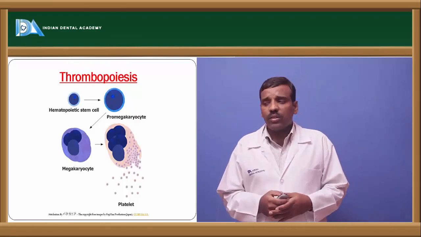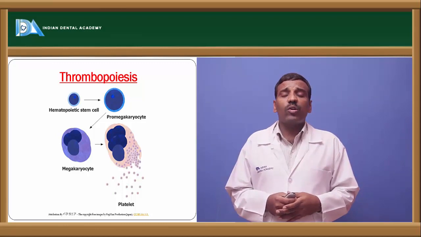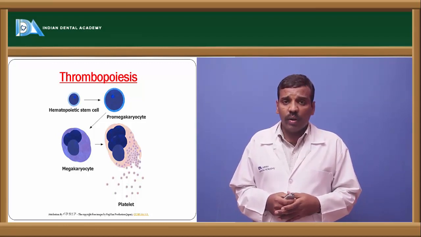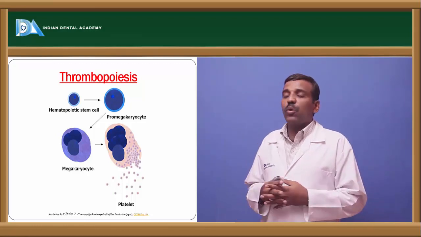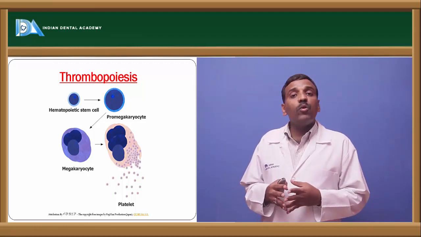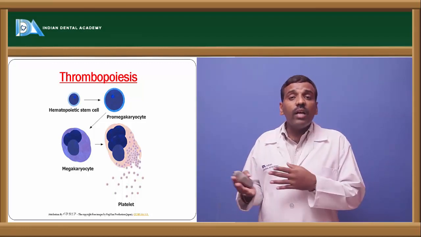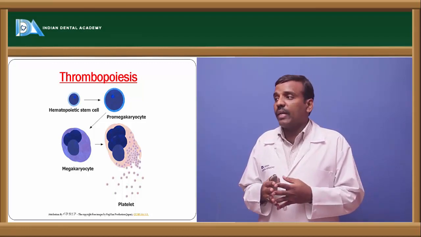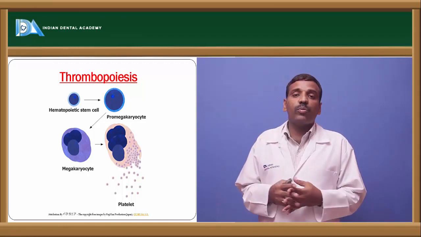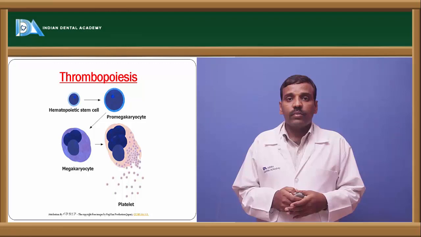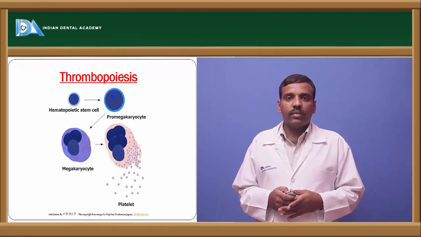And thrombopoiesis, what is this? The generation and development of thrombocytes is called thrombopoiesis. The hemopoietic stem cell gives the pluripotent stem cell. That pluripotent stem cell gives the promegakaryocyte, which develops and gives the megakaryocyte, and megakaryocytes give platelets. These platelets undergo the coagulation process.